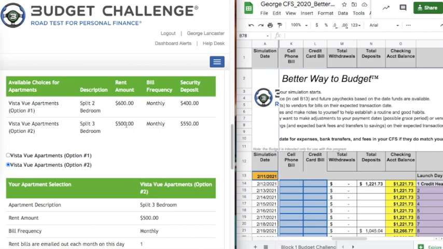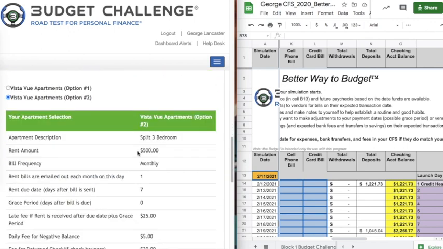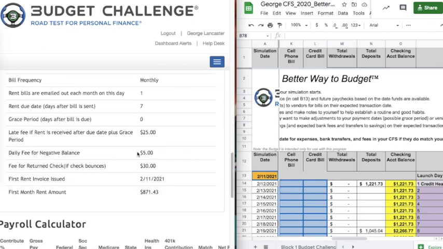My rent is $500 a month. My security deposit is $550. But because there's only part of a month that first month, it tells us that the first bill will be $871.43. So I don't have to pay the full $1,050. I only have to pay $871.43 for most of February, or for about 2/3 of February. So the first invoice is on the 11th.